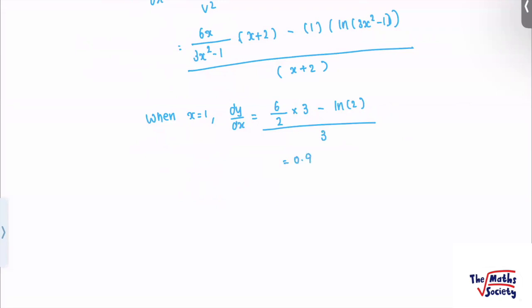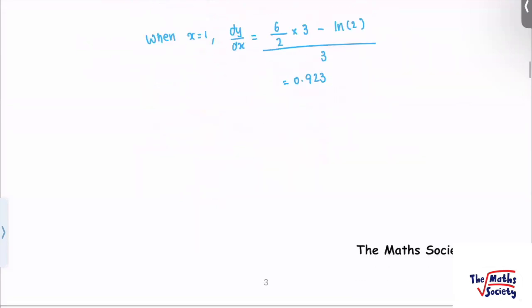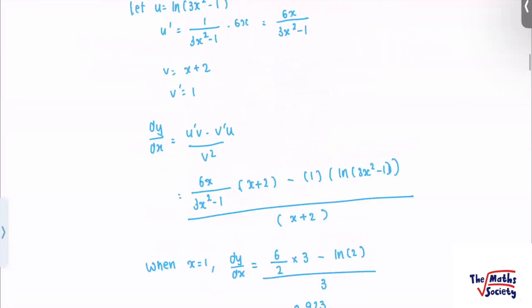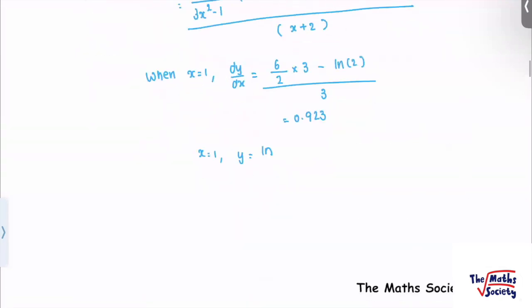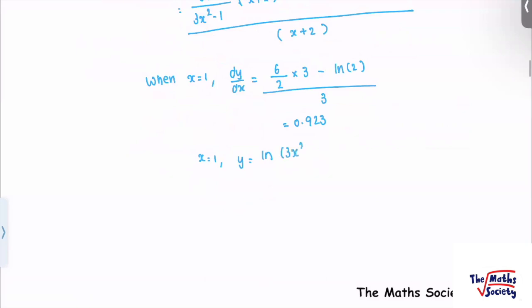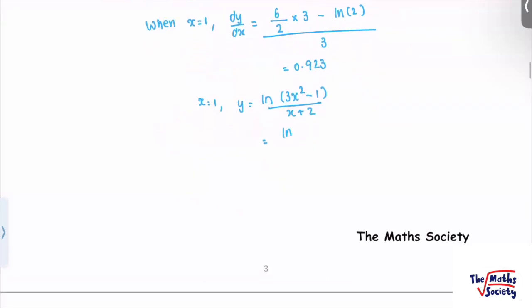That's why you get 0.923. And then x equals 1. How about y? y is equal to ln(3x squared minus 1) by (x plus 2). So when x is 1, it's ln(3 minus 1), so that's ln 2 by 3.